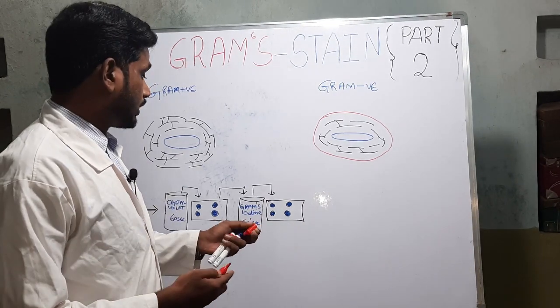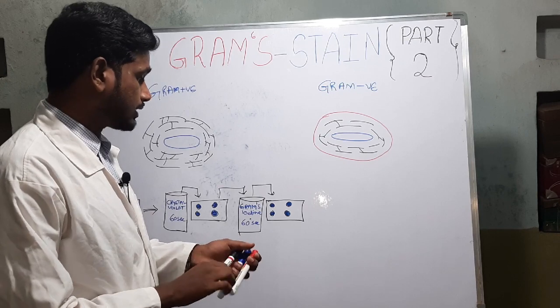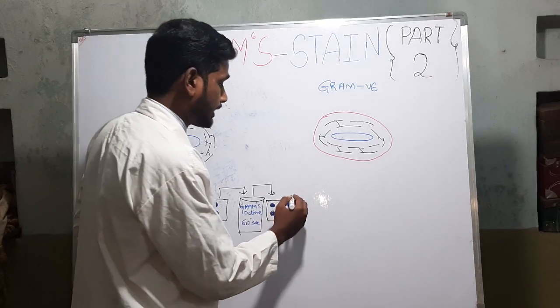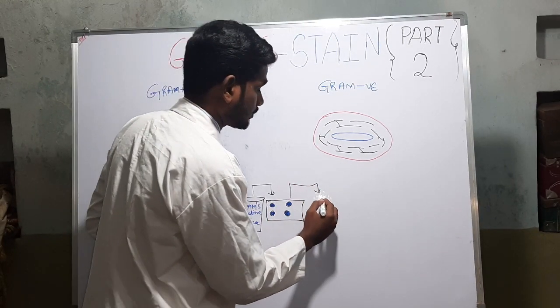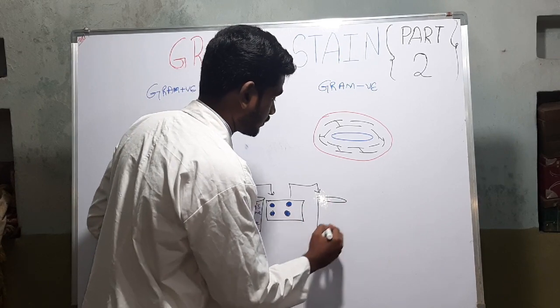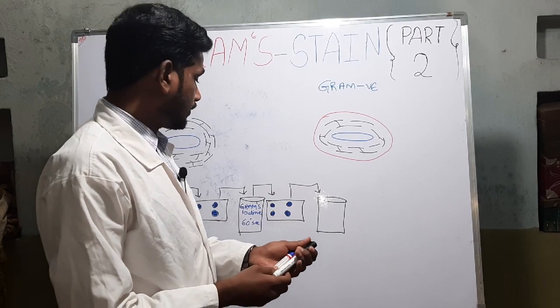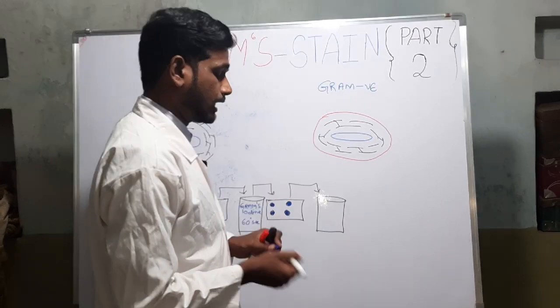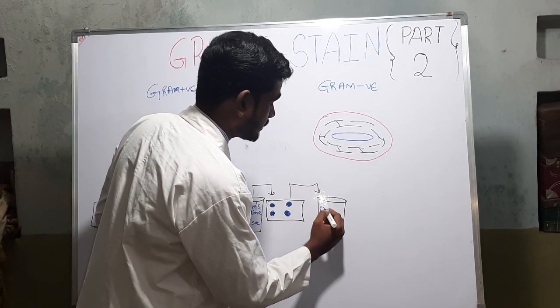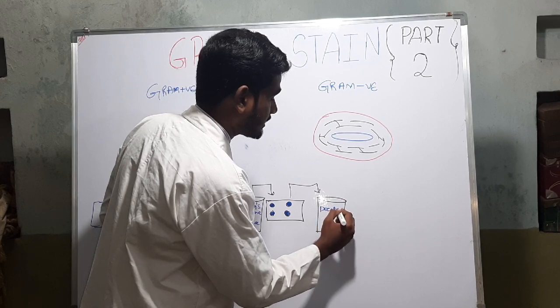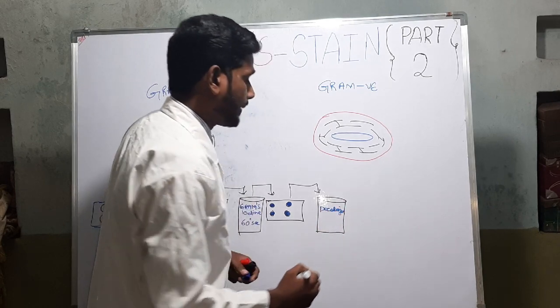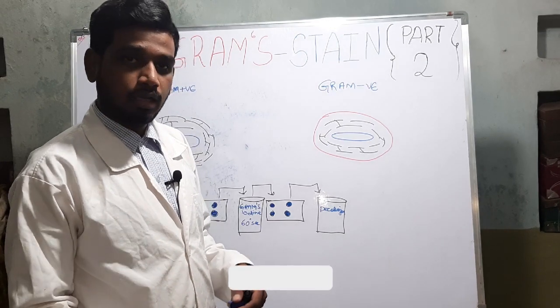Then after that, the next step is the decolorizer. Decolorizer is generally done with the help of 95% ethanol. I am writing just decolorizer. There are a lot of decolorizers which are available in the market.